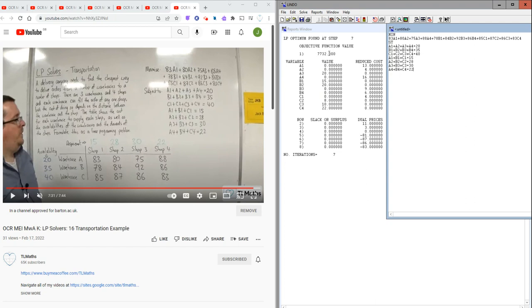So it would add 13 onto this. And likewise, if you wanted to force warehouse A to ship 1 unit to shop 4, it would increase this by 16. Okay, so that's how we can interpret the Lindo outputs for each of the problems that we have dealt with in this section.